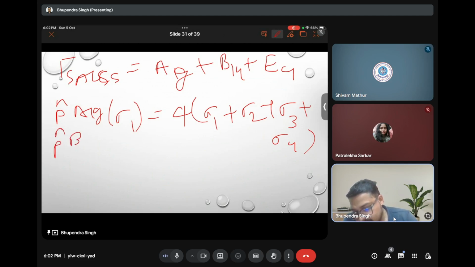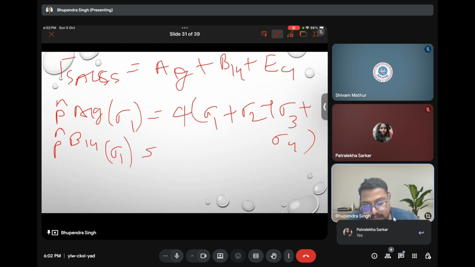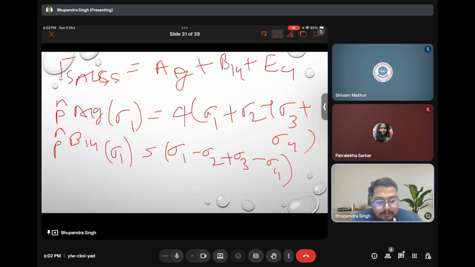Projection operator of B1U on sigma 1 is equal to sigma 1 minus sigma 2 plus sigma 3 minus sigma 4. If you apply the projection operator of EU on sigma 1, you will get sigma 1 minus sigma 3.